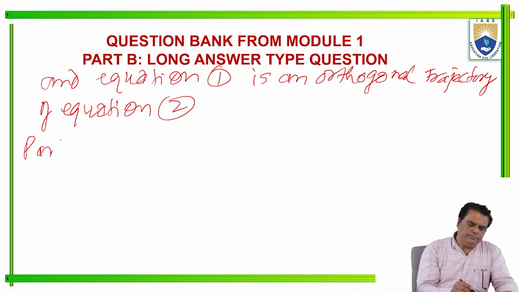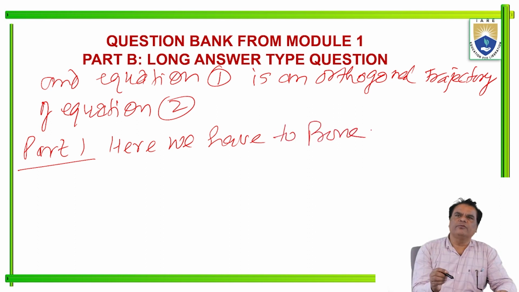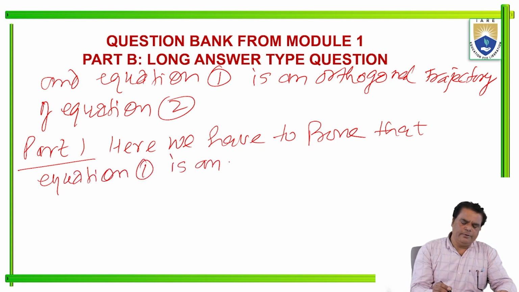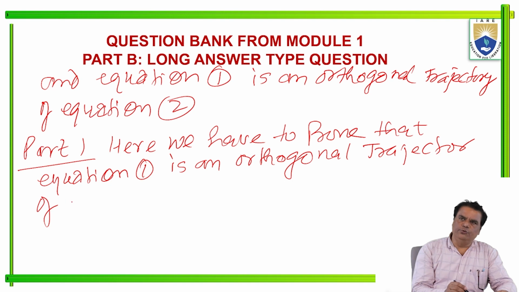Part 1. Here we have to prove that equation 1 is an orthogonal trajectory of equation 2.